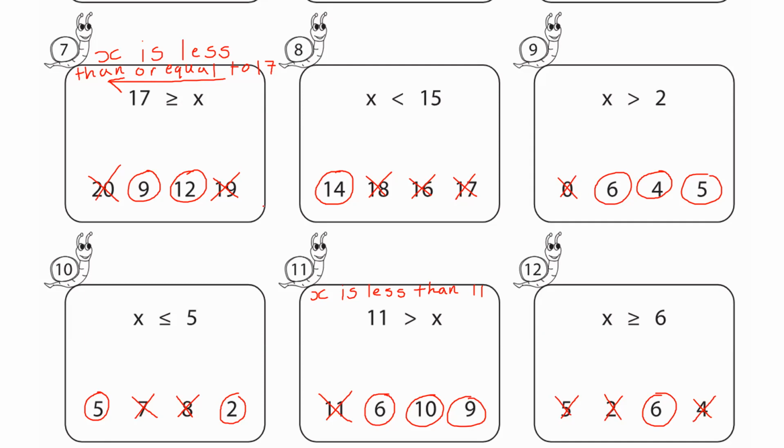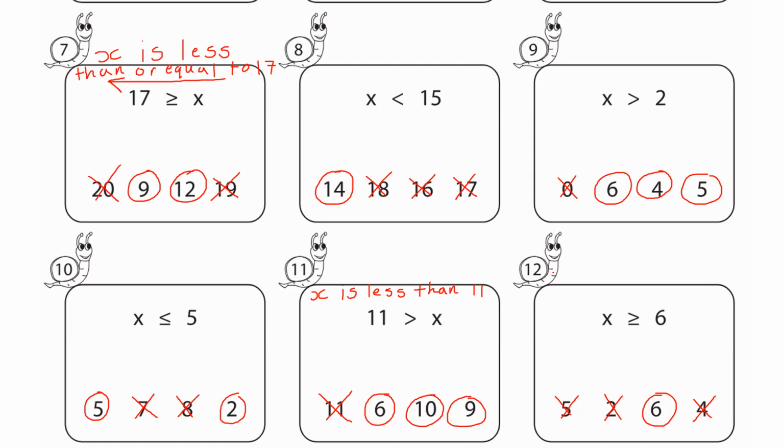Jasmine Moss. Do you understand how we got our answer for number 12? Yes, sir. Okay, explain it for me. So x is greater than or equal to 6.